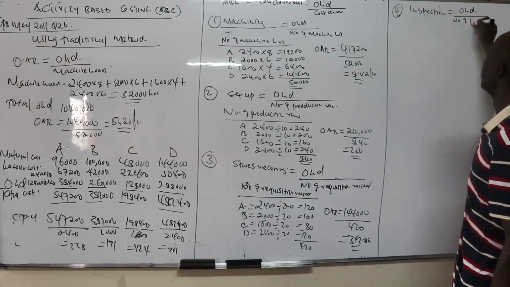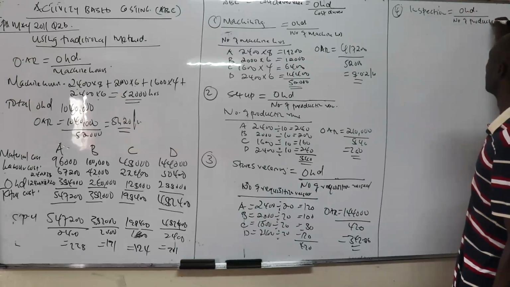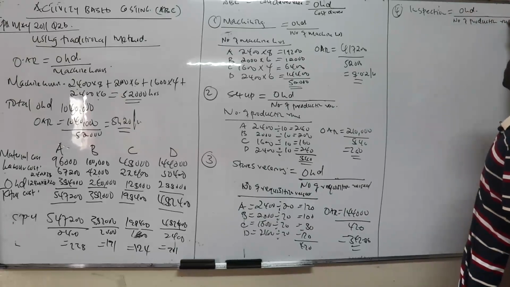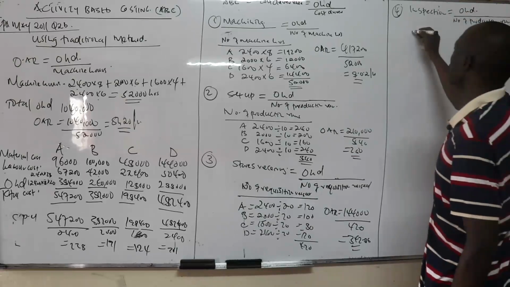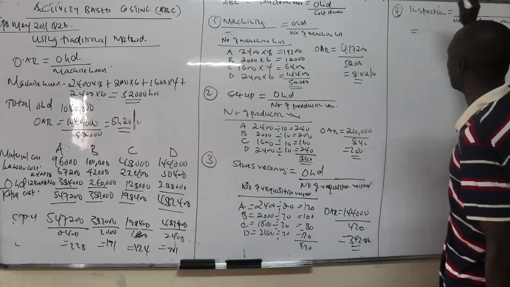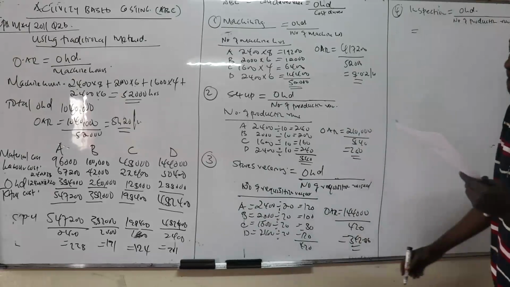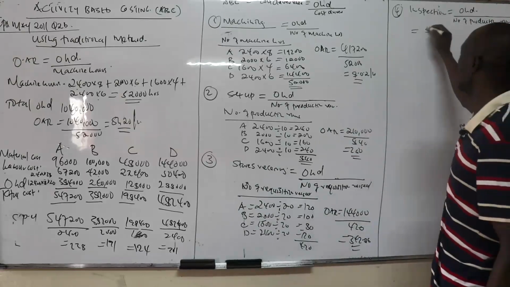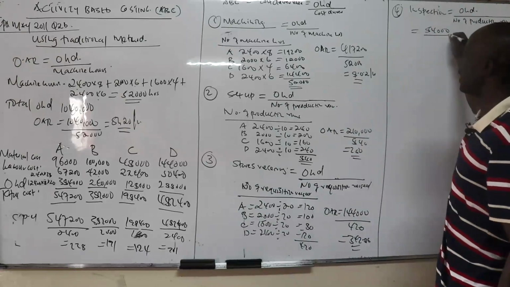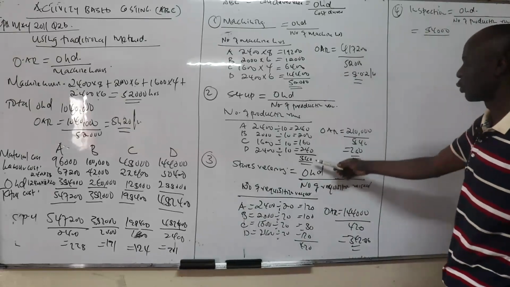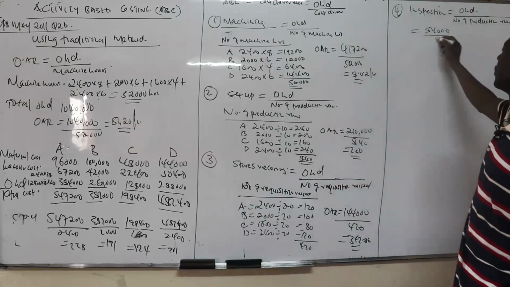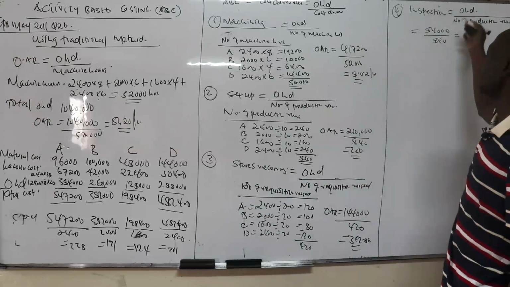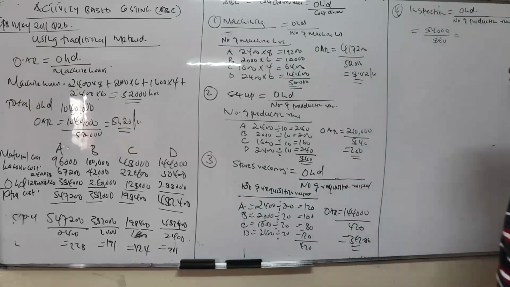The overheads allocated are 84,000, and the number of production runs we had already determined, which was 840. So just divide by 840. That's going to be 100.